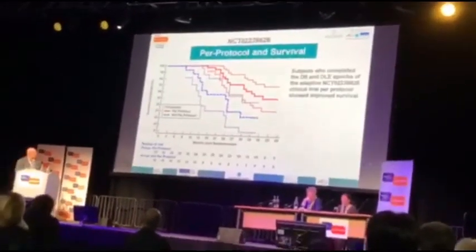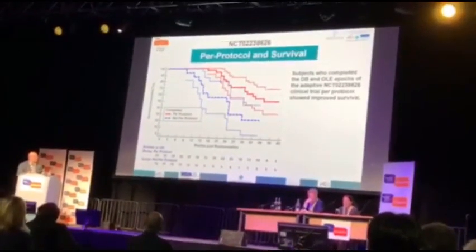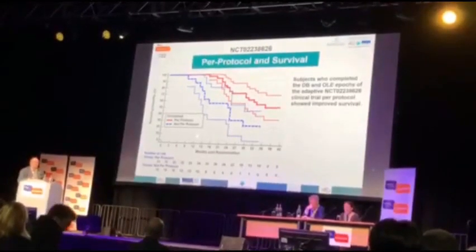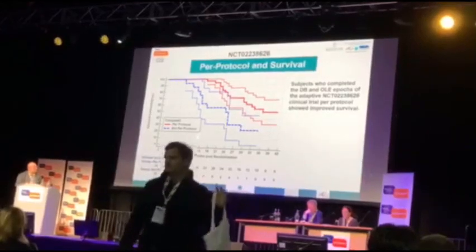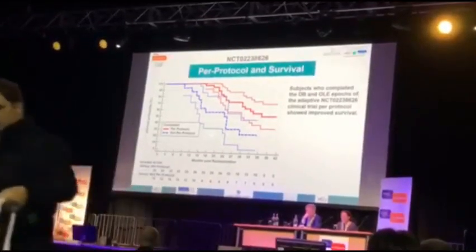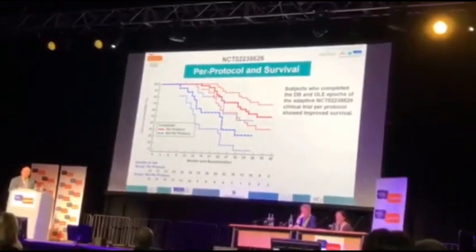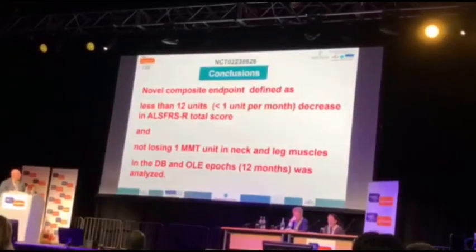The per protocol completion is a little bit more noisy and has other difficulties associated with it, but essentially per protocol completion means everybody did participate in the study and had the same exposure, but this includes responders and non-responders. The previous study was just the responders.